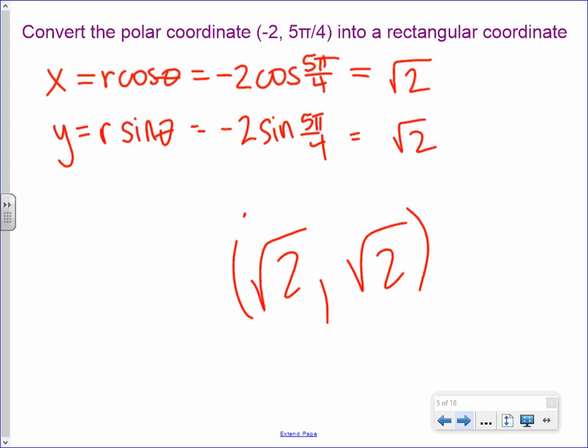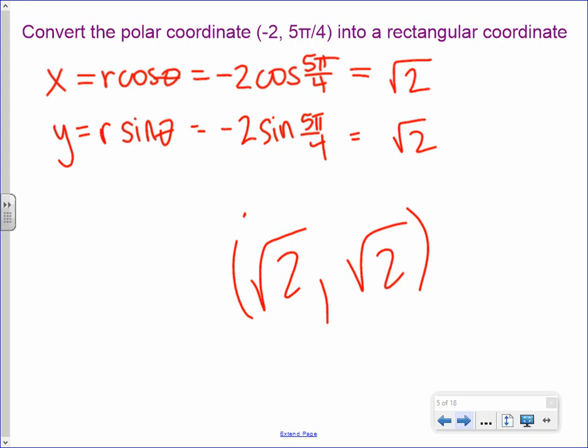Now, Peter, is this a very accurate point to plot by hand? No. However, rotating to 5 pi over 4 and moving backwards 2 tick marks, is that accurate? More so, yes, it is. What makes one more accurate than the other?